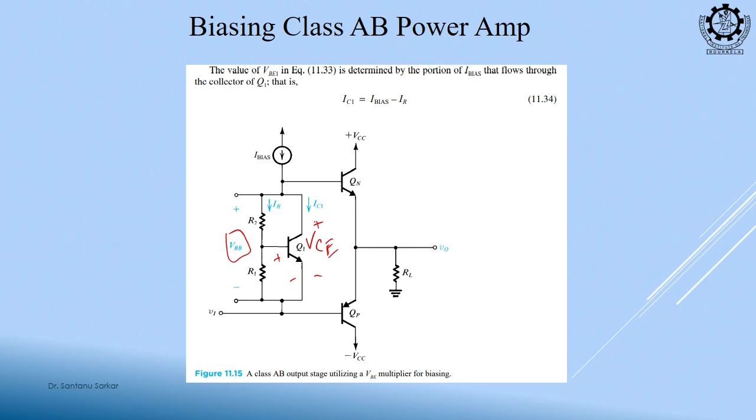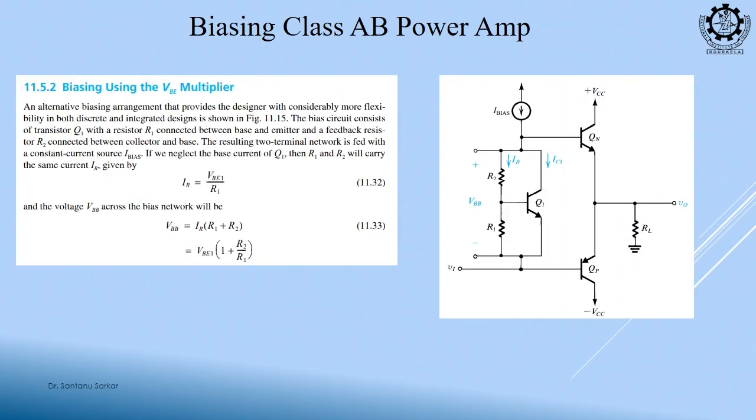This ensures that this is on at zero crossing and also this is on at zero crossing, just like the previous circuit. All right, this is our equation for VBB from the potential divider circuit, total resistance multiplied by total current. And from the base-emitter voltage we can also calculate VBB.